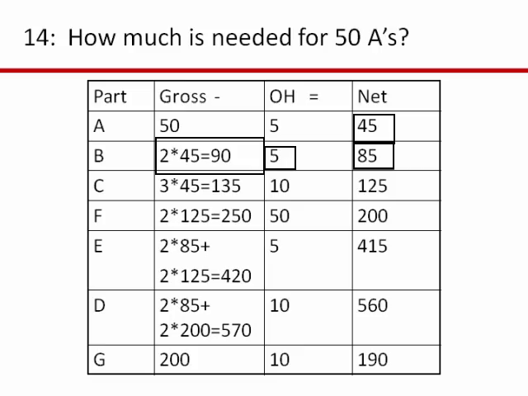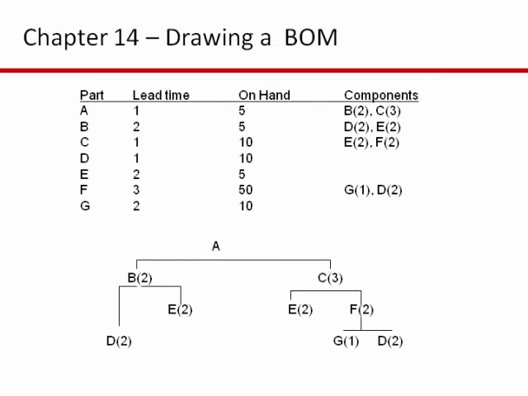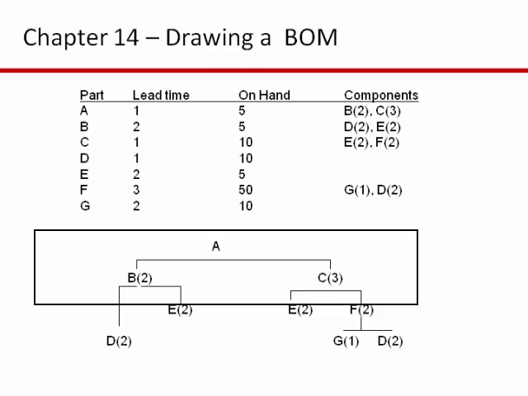We also know we need 3 C's per A, so 3 times 45 A's is 135. We have 10 C's on hand, so that gives us a net of 125. So basically all we've done at this point is look at, for 50 A's, how many A's, B's, and C's we need.